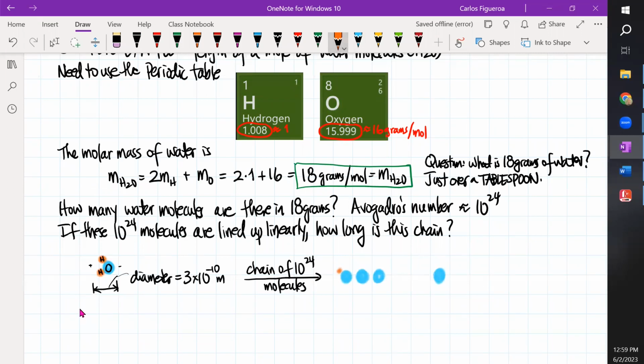If I start to add these together, here's what I'm going to see. We know this is 1, 2, 3, and I line up all 10 to the 24. The question we're asking is, what is the length of this chain?